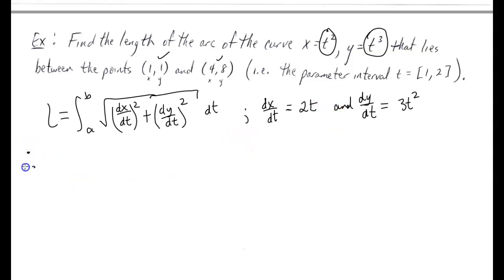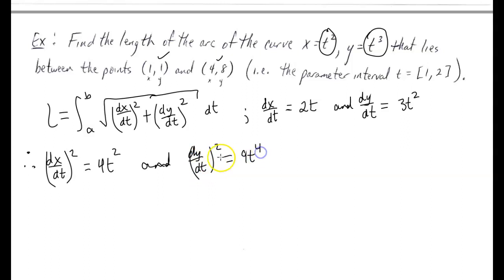So we know that if we square both dx over dt and dy over dt, we get 4t squared and 9t to the fourth, respectively.